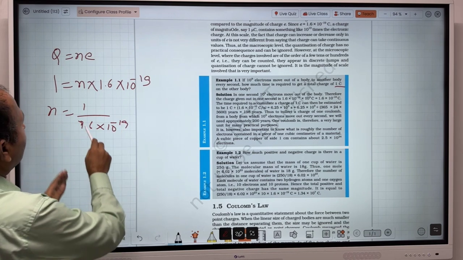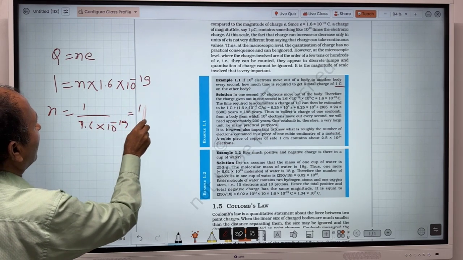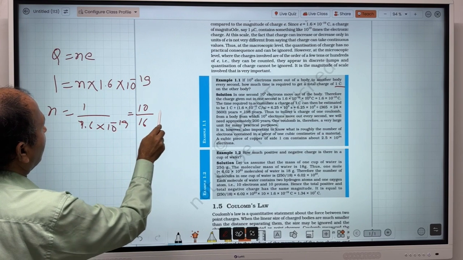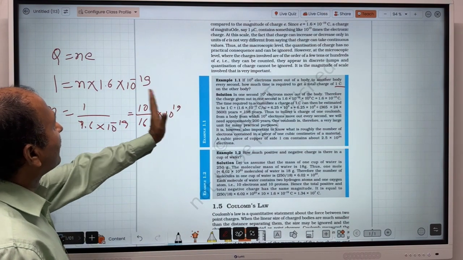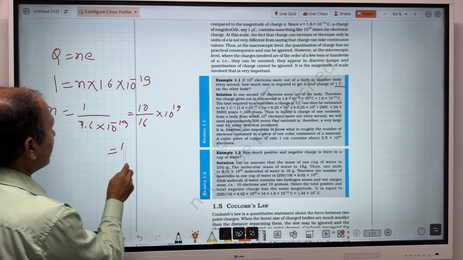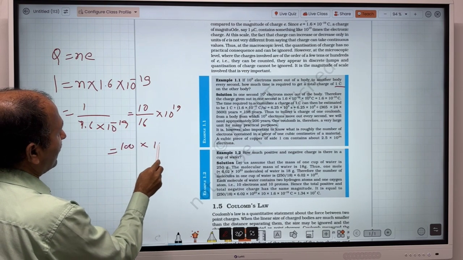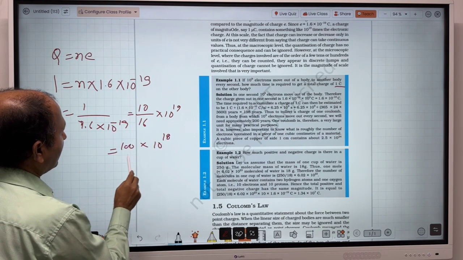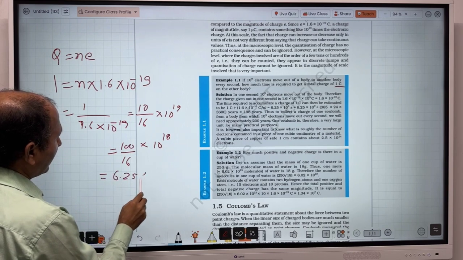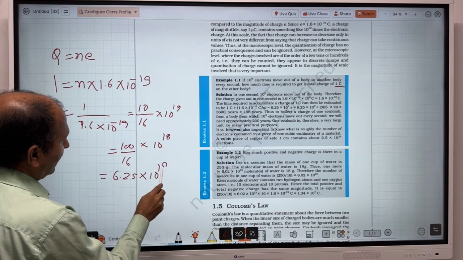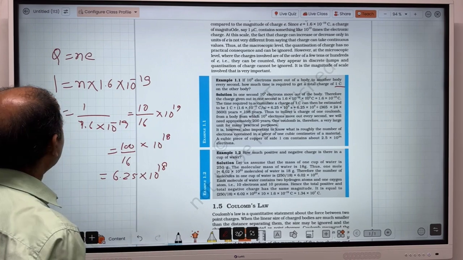So you can make it 10 upon 16 and then 10 power 19. One more 10 you can take from here, so this will become 100 into 10 to the power 18 divided by 16. If you simplify, you will get 6.25 into 10 to the power 18 electrons.